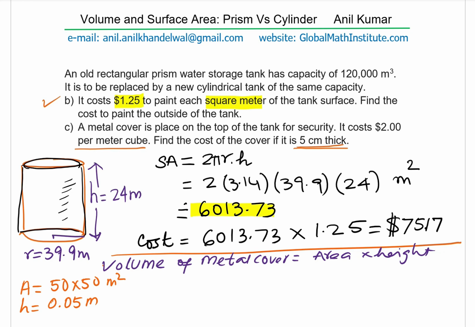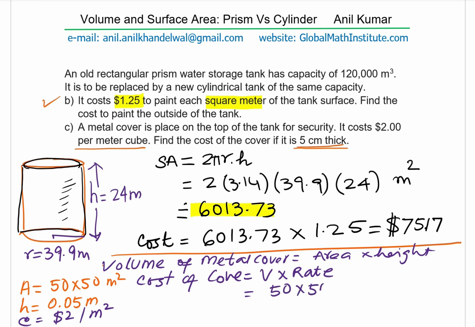And cost will be multiplied by the rate. So we can now write cost of cover will be equal to volume times rate. So we will multiply all the three numbers since we know that the rate is $2 per meter cube. So when you multiply, area is 50 times 50, the height is 0.05 and the rate is $2.